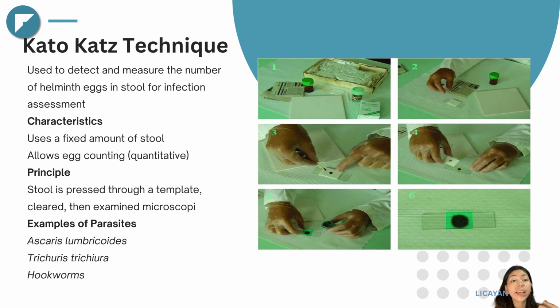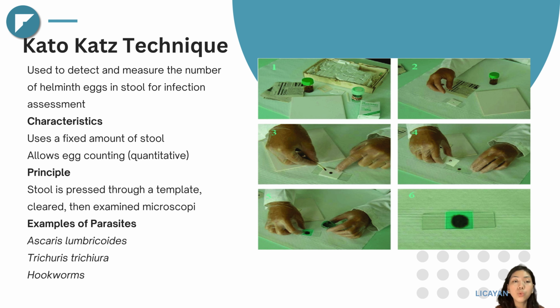Finally, we have the Kato-Katz technique, which is a quantitative method used for stool examination. This technique not only detects helminth eggs, but also measures infection intensity by calculating the eggs per gram of stool.